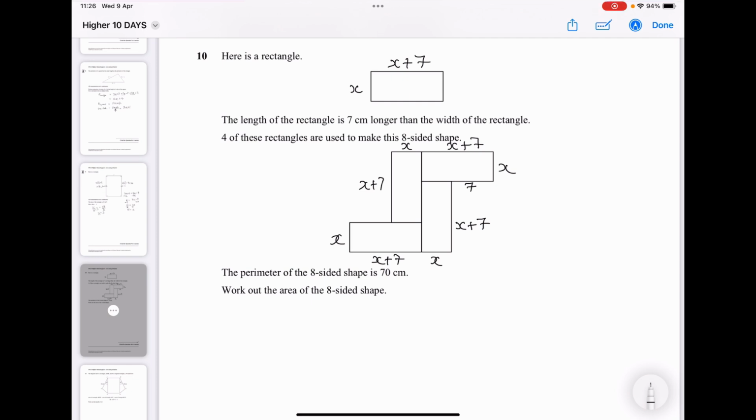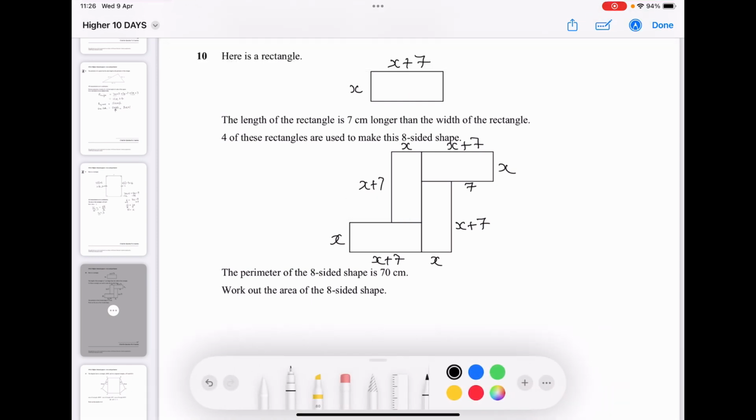If you can't see that, it's because there's x plus 7, there's the x, so that bit is the bit that's left, and the same occurs here. So that is also 7.